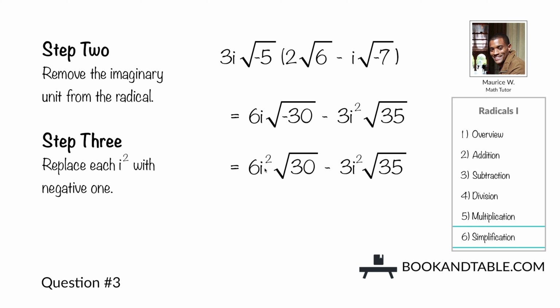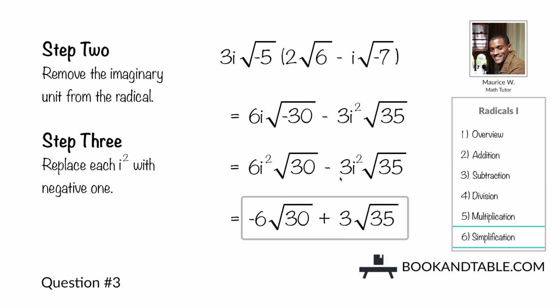And now we can replace each i squared with negative 1. So 6 times negative 1 is negative 6. Negative 3 times negative 1 is positive 3. And since we cannot remove a perfect square from either of these radicands, this is the most simplified version of our expression. Negative 6 radical 30 plus 3 radical 35.